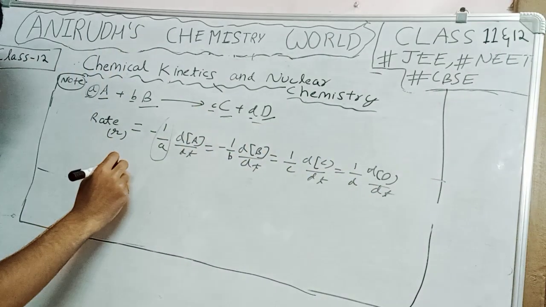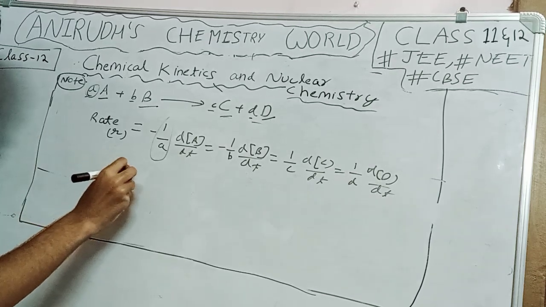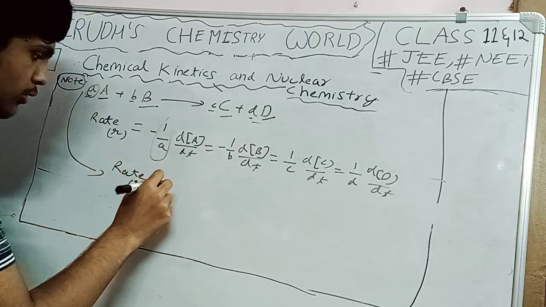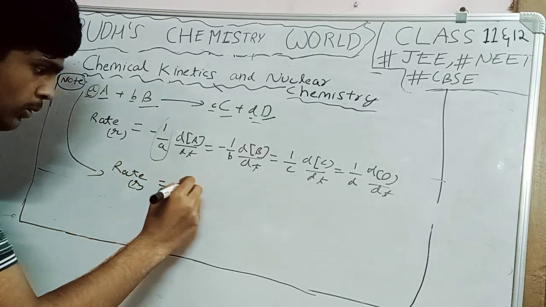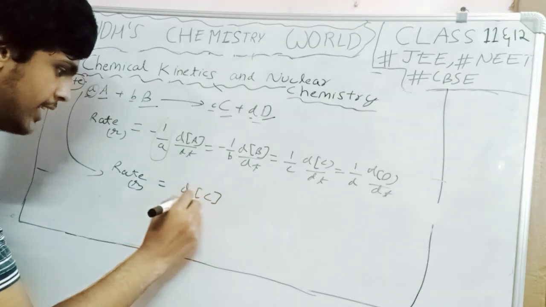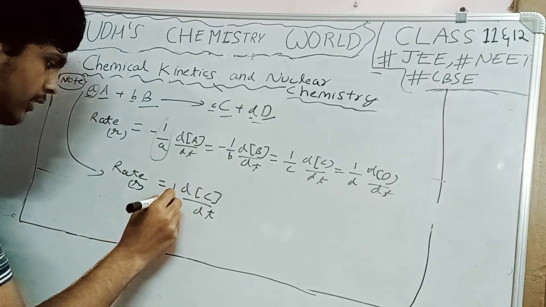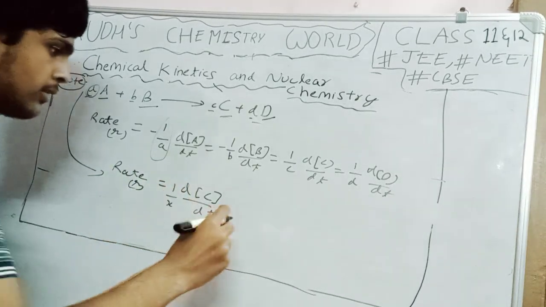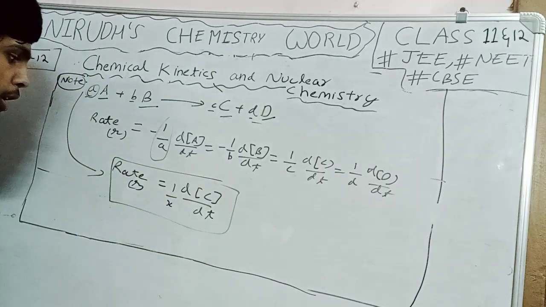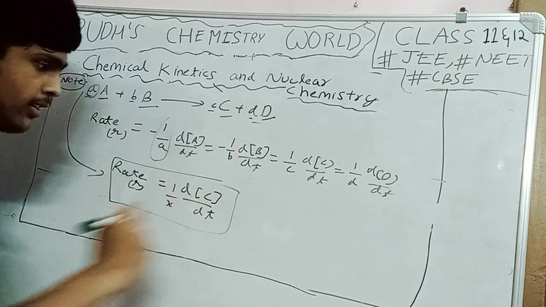The general expression we will be writing for the rate of a reaction R in this type of model is: rate R is equal to d concentration of C by dt multiplied with the coefficient, let us say X. This is the general form. Rate R is equal to 1 by X into d concentration of C by dt.